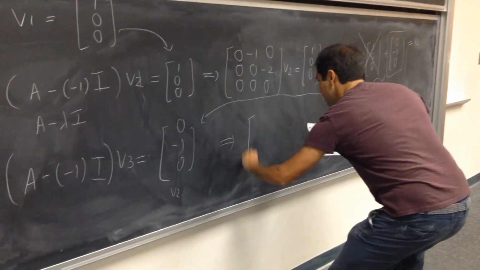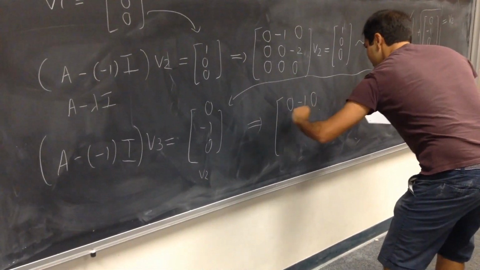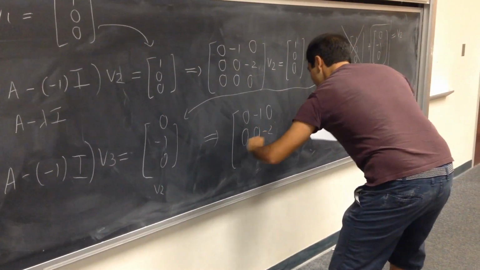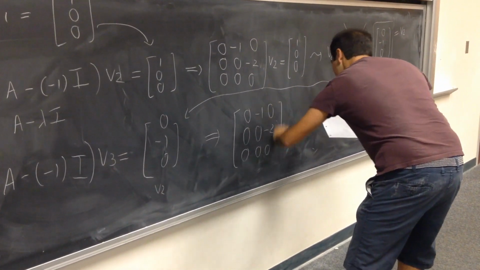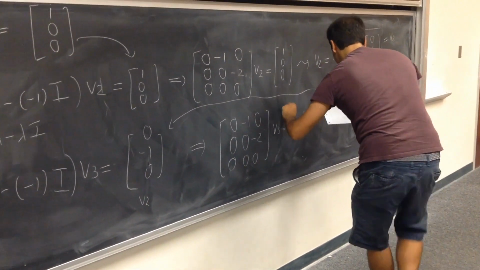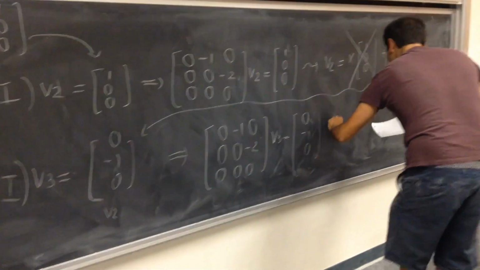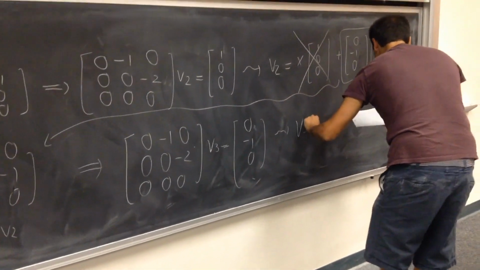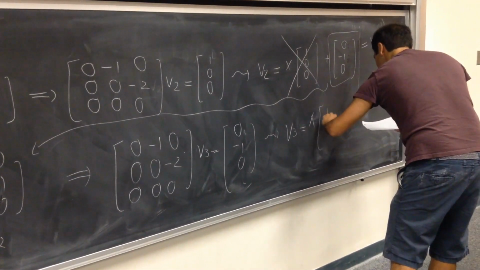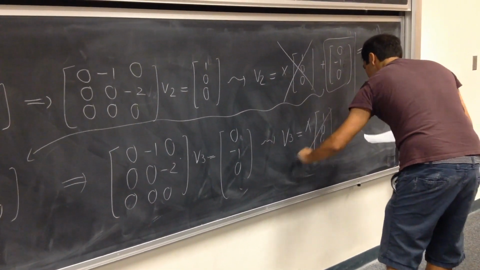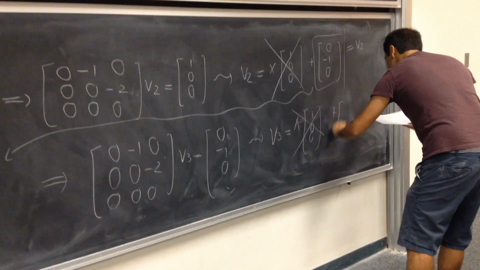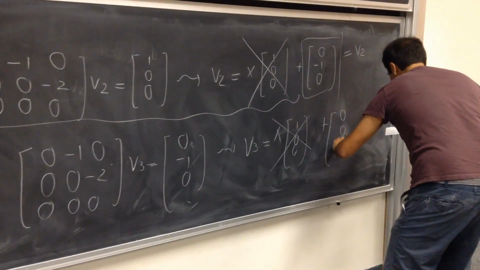And again, it means solve 0 minus 1, 0, 0, 0 minus 2, 0, 0, 0, v3 equals 0 minus 1, 0. Tells you that v3 is x times 1, 0, 0. Get that. Plus 0, 0, 1 half.